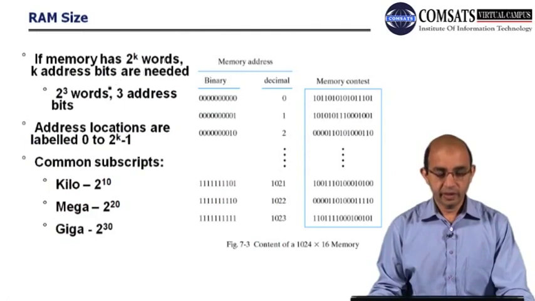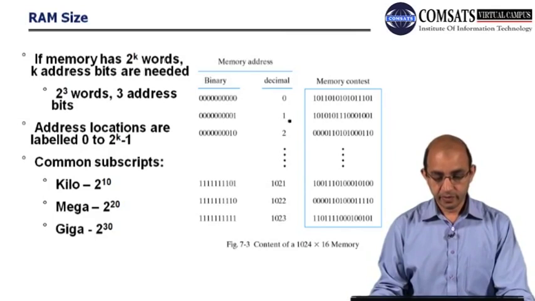So how will we evaluate the size of a RAM? If we have k different words, how many address bits do we need? We need k address bits, and 2 raised to power 3 words needs 3 address bits. How many locations will we have? 0 to 2 raised to power k minus 1.